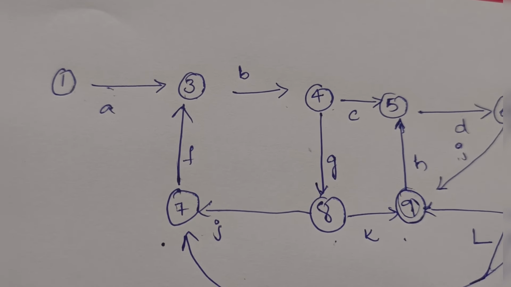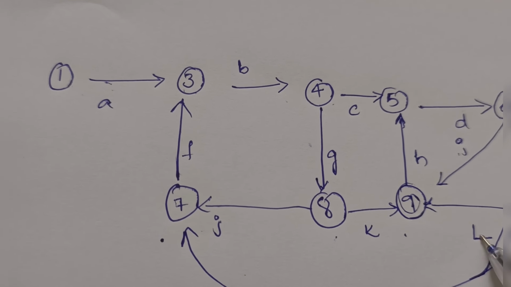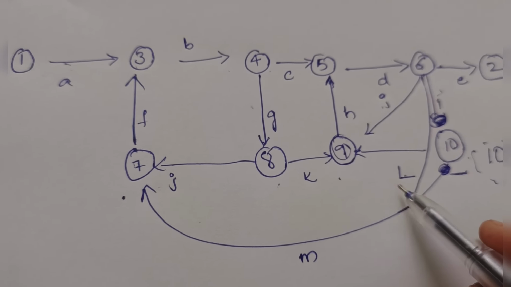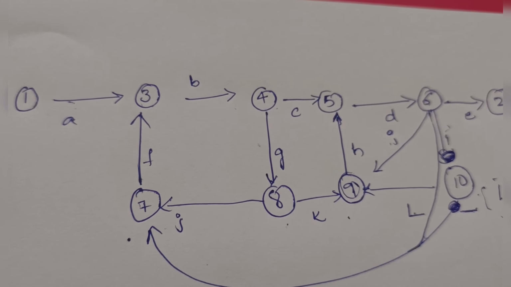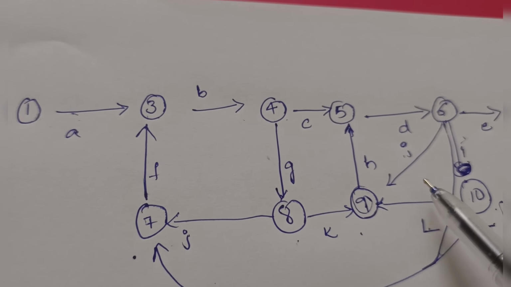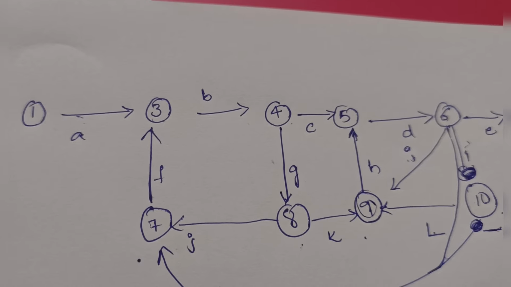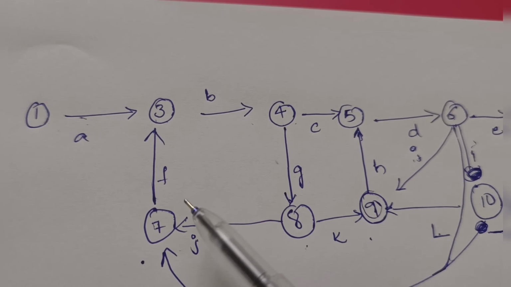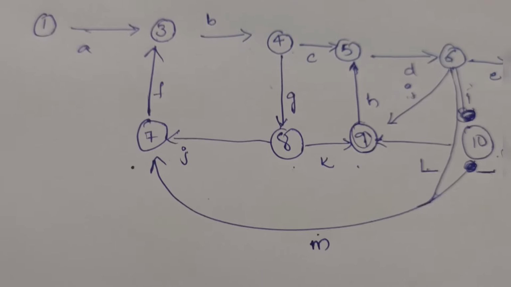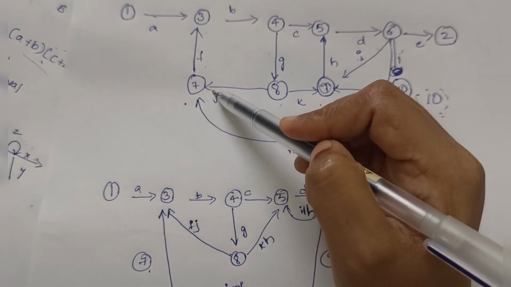We can take it as I, L, and M also, or else we can also take like I, M, F. We can take G R links.